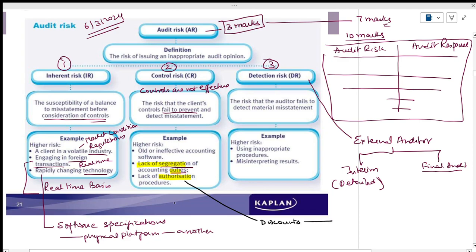When they have to discount, it will not be in the hands of a salesman. It will be in the hands of a sales manager. Approval should be needed from the sales manager, so that salesmen can offer that discount.